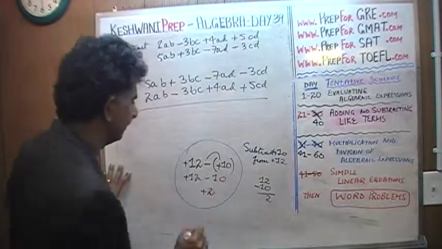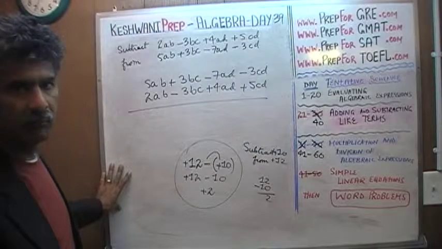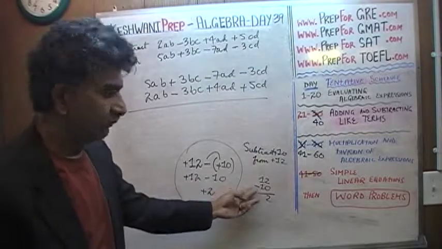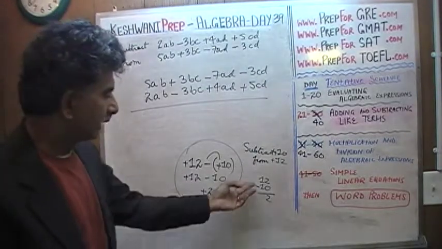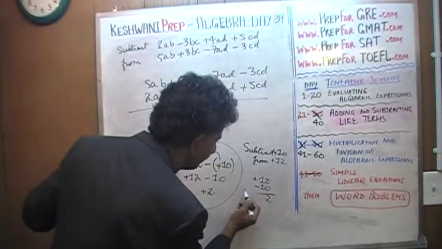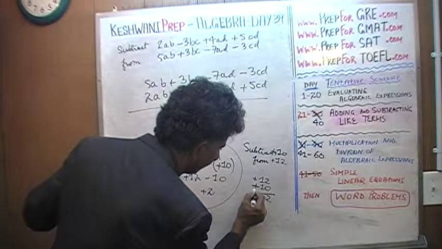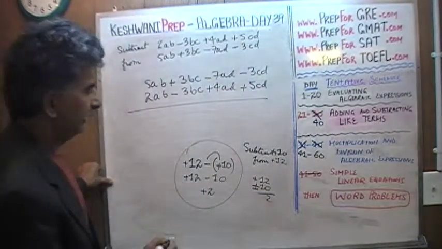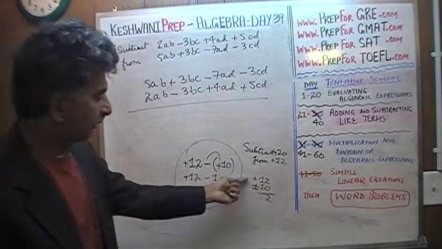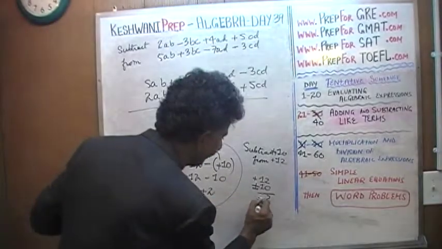This work observes the formality of the algebraic language. In simple arithmetic, you can get away with skipping it. But in the language of algebra, you have to write a positive 12, a positive 10, and then the sign of the positive 10 has to change to negative. And then we add the two numbers, positive 12 and a negative 10 gives us positive 2.